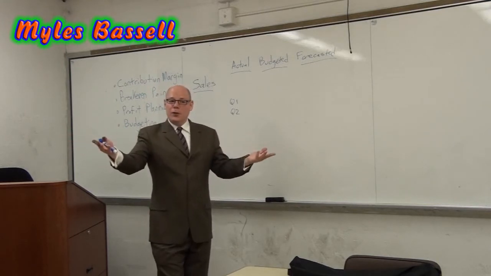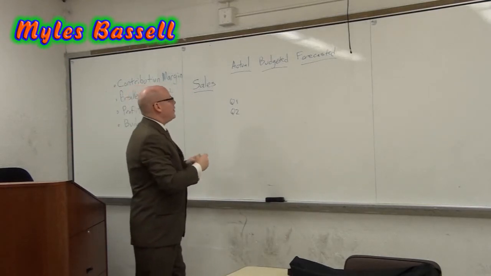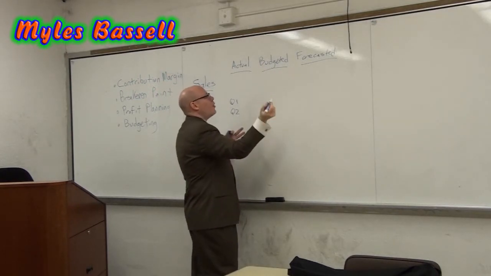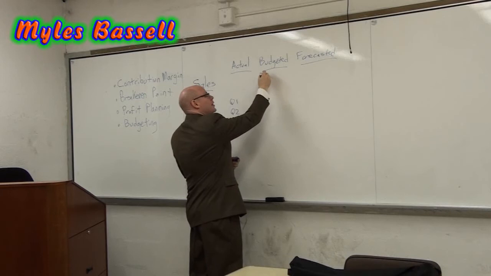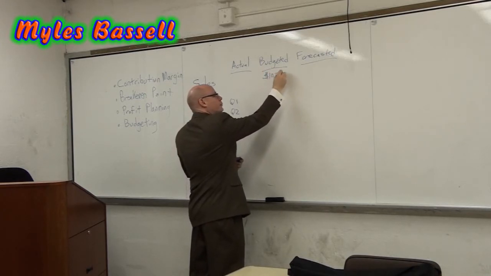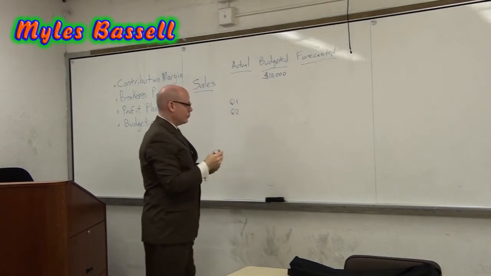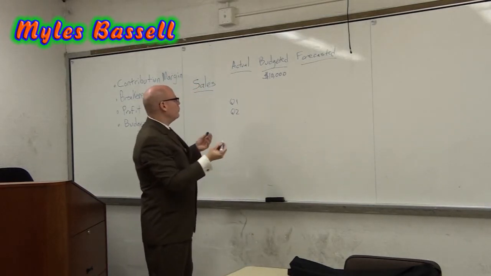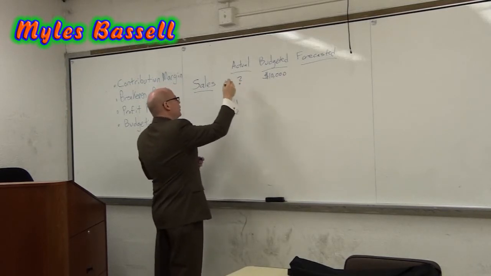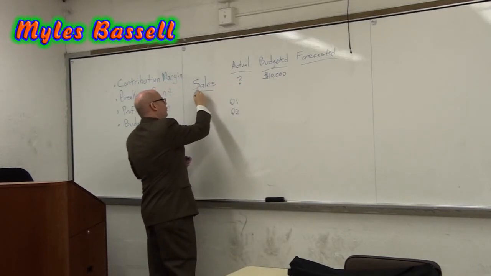So we have to determine, we have to set a goal. And we might say that our sales per month, let's say, is $10,000. Let's say this is per month.